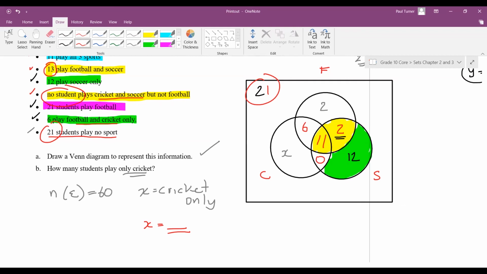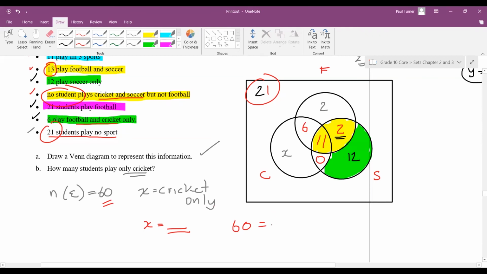Any answer for X yet? What about Nicole? Got me something? 60? Did you say 60? How'd you get 6? Because there's 60 in total already. Check again. So you're going to have 60 equals the sum of all these numbers, right?